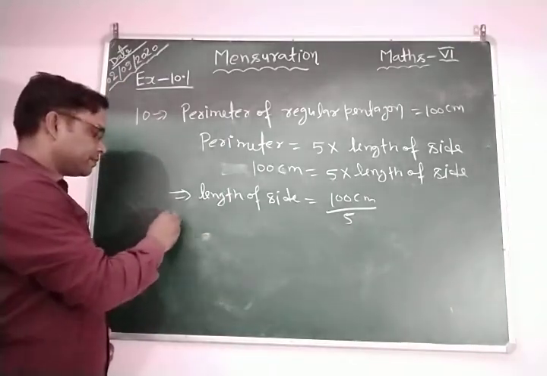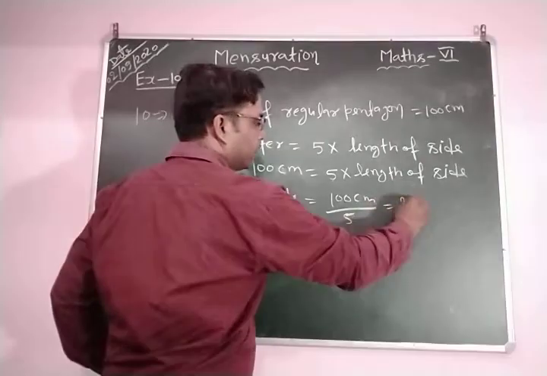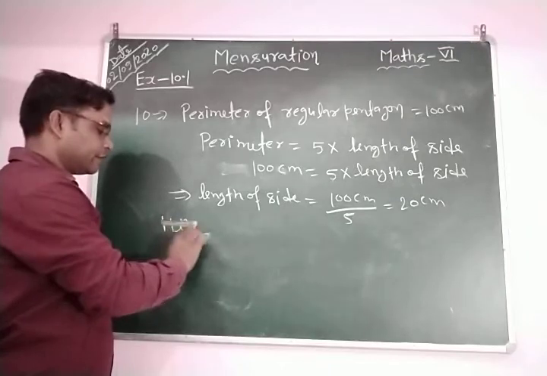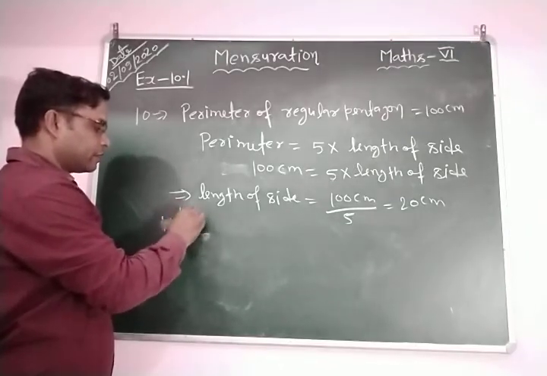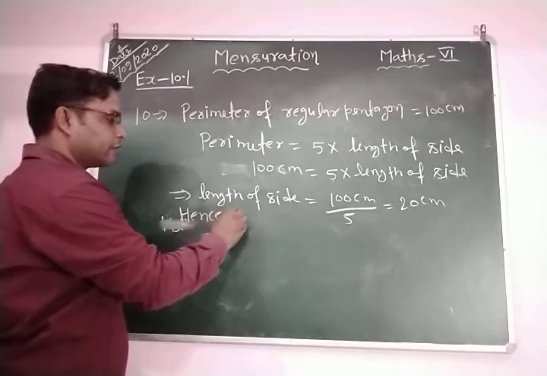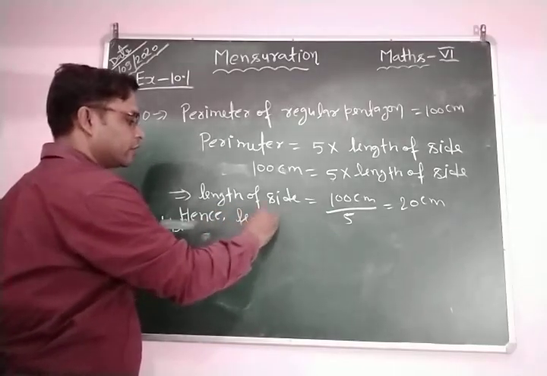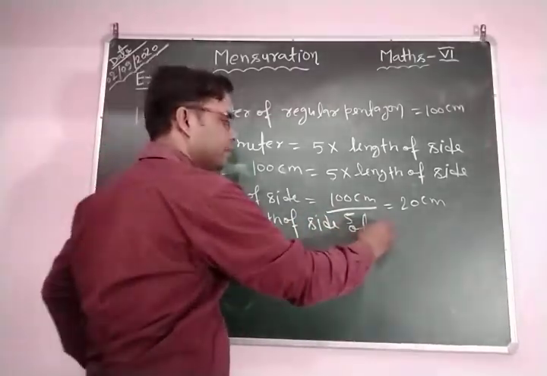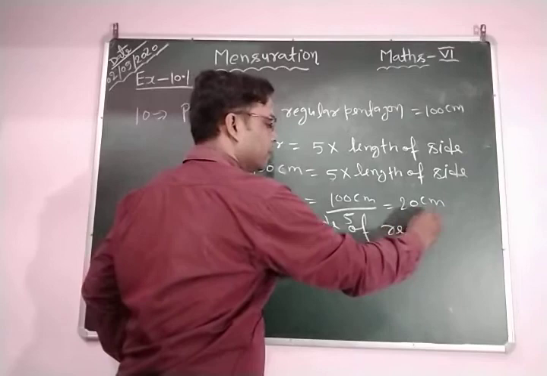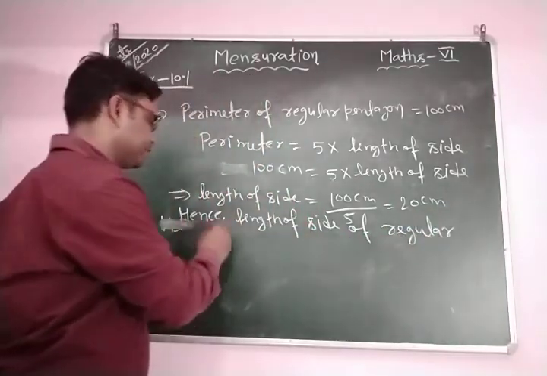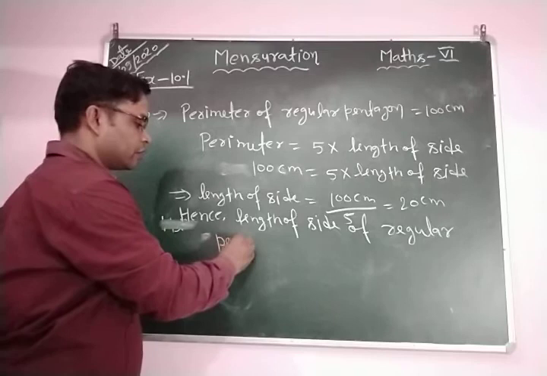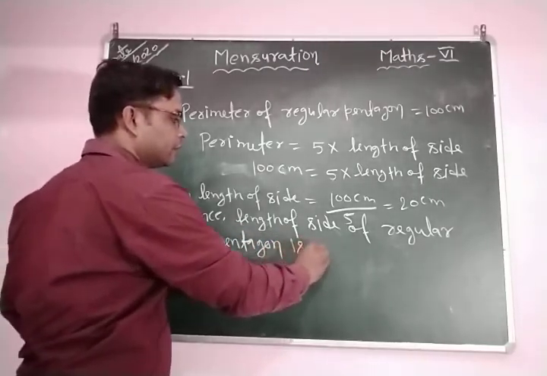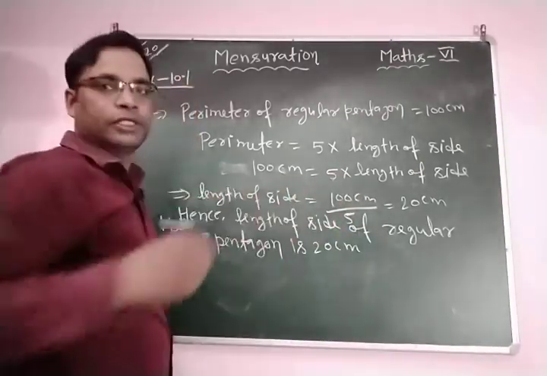Hence this is equal to 20 centimeter. At last we can write, hence the length of side of a regular pentagon is 20 centimeters.